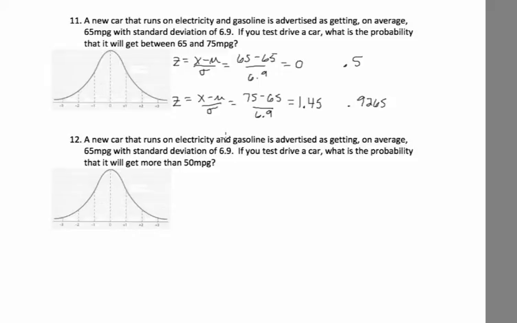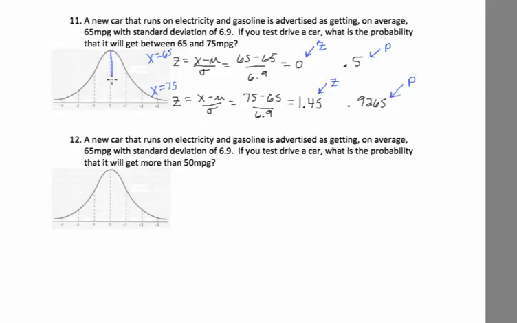These are getting repetitive, so I did some of the work for you. The first one, I'm taking the x value of 65, putting it through the formula to find that that matches up with a z-score of 0. That makes sense because it's the same as the average. And then I looked up in my chart to find that the probability that you're to the left of that z-score is 0.5. Then for the x value of 75, I put it through my formula to find that the z-score is 1.45, and then I looked in my chart to find that the probability that you're to the left of that is 0.9265.